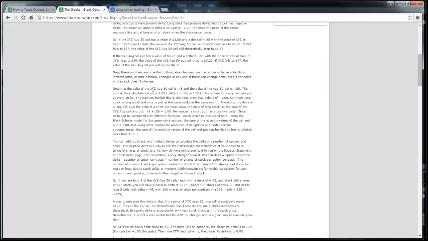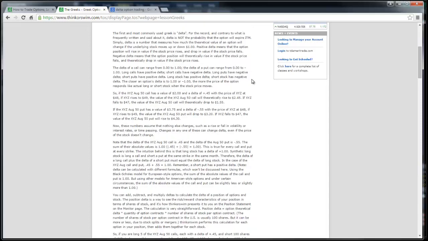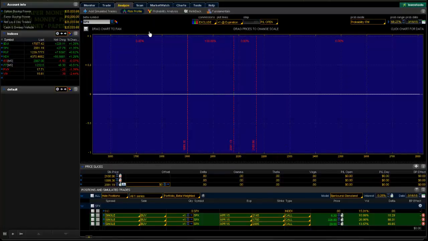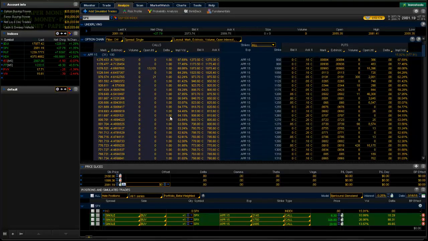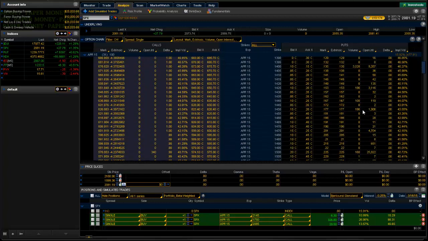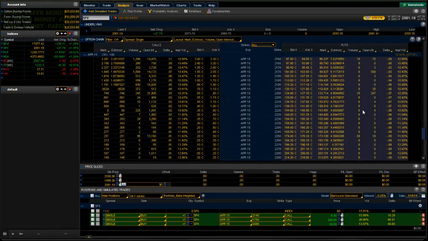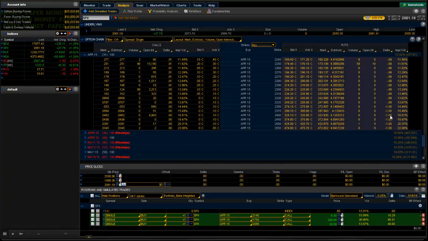So if you'll notice, it has to equal plus or minus 1 for net delta. If I came into the platform, and you'll see delta is one of my columns, it's plus 1 on the call side. It's negative 1 on the put side. That's the farthest in the money options that they have.